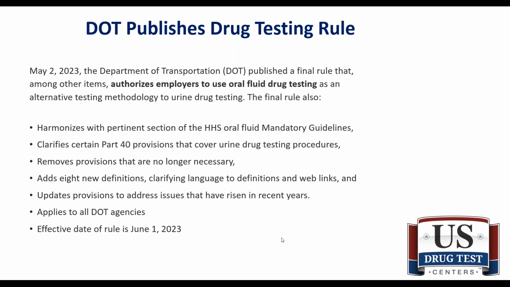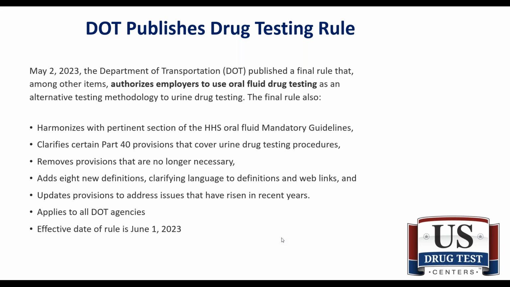And all of this applies to all DOT agencies for drug and alcohol testing under 49 CFR Part 40, which is the overall DOT regulation for drug and alcohol testing.